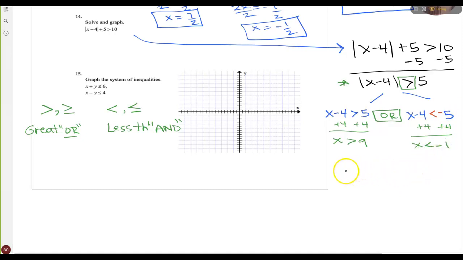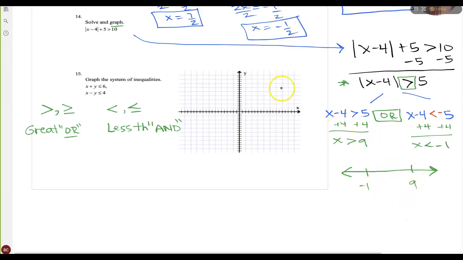Now let's write this on a number line. This one says to solve and graph. It'll also sometimes ask you to write the answer in interval notation. But sometimes it doesn't tell you to graph it, but always graph it. It just makes it easier for your brain to see what's going on. So -1 is somewhere over here, and 9 is on this side.